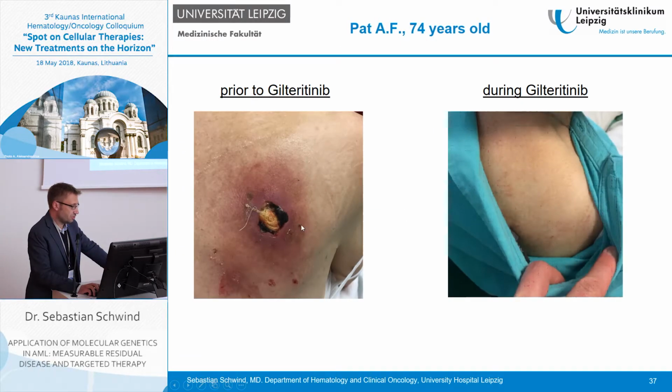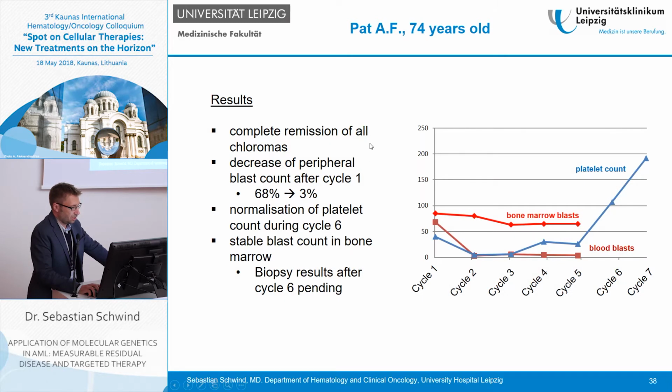Here very similar, she also had chloroma on the back. This is a picture that was taken in our dermatology department. They took a biopsy and diagnosed the chloroma here. And even though this is a bad picture because the angle is not good, this is just a tag of the shirt. It basically completely healed with only gilteritinib.